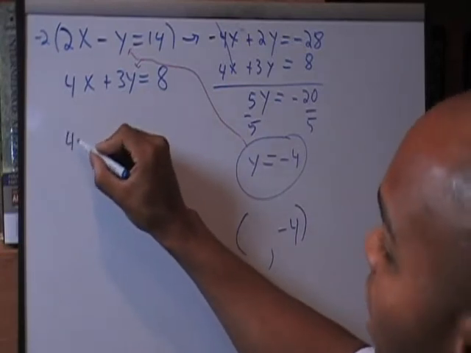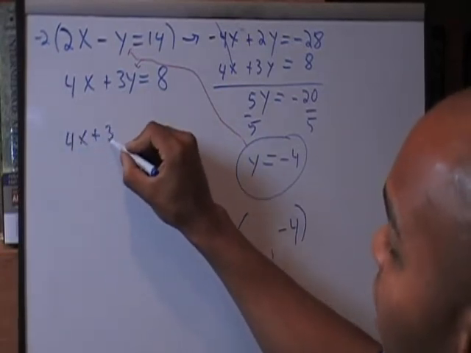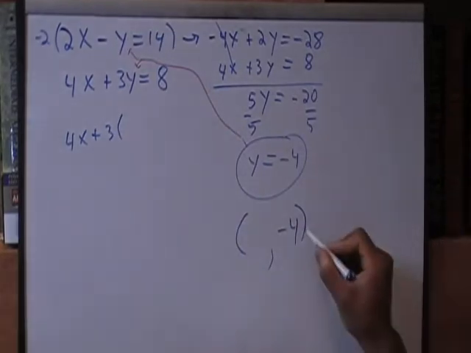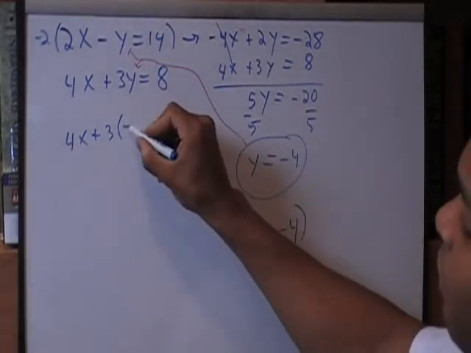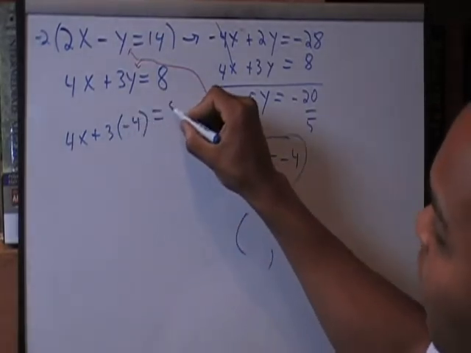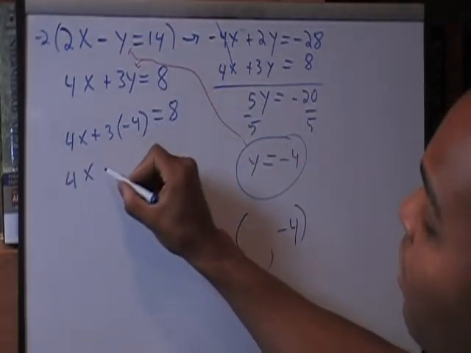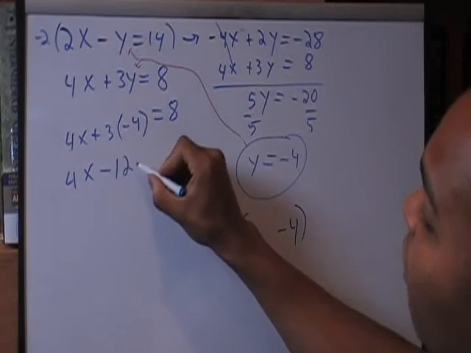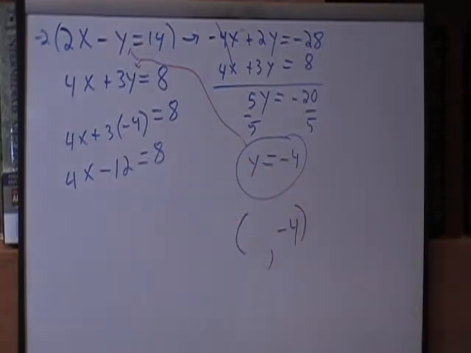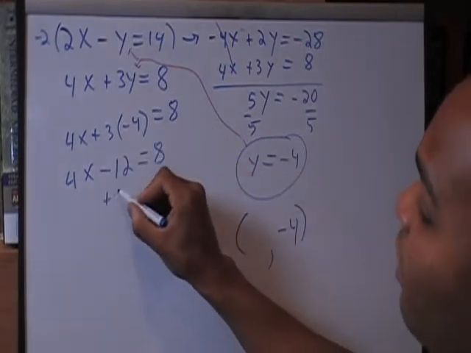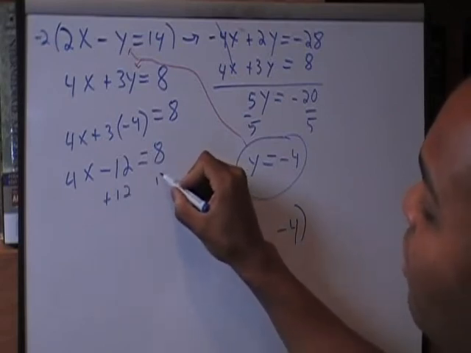So I have 4x plus 3 times, not 3y, but 3 times -4. And that's going to equal 8. So we have 4x minus 12 equals 8. And we're going to add 12 to both sides.